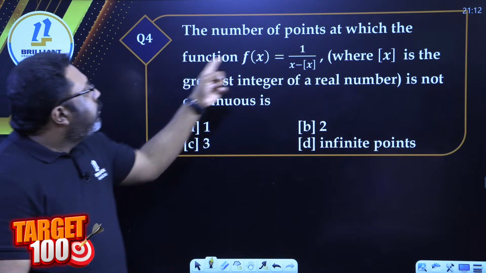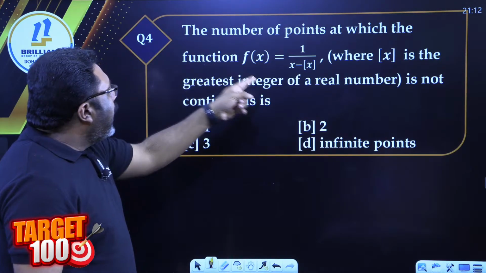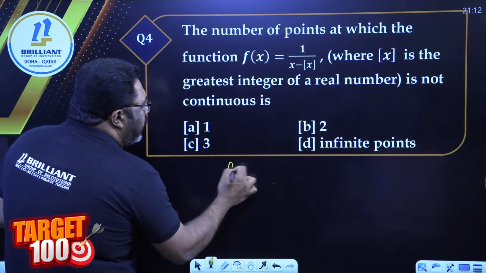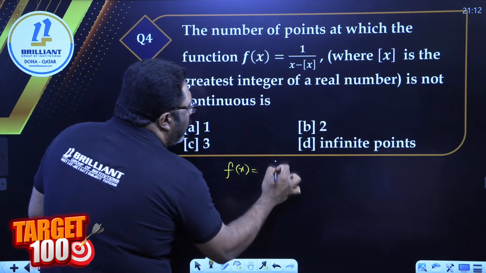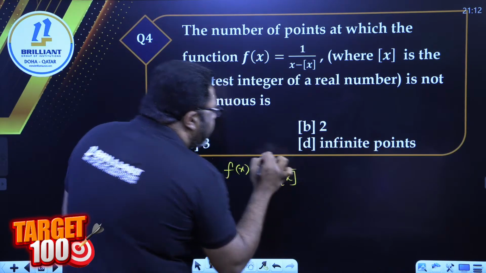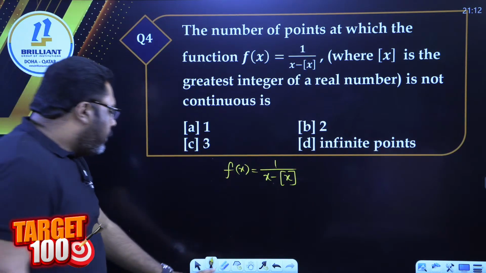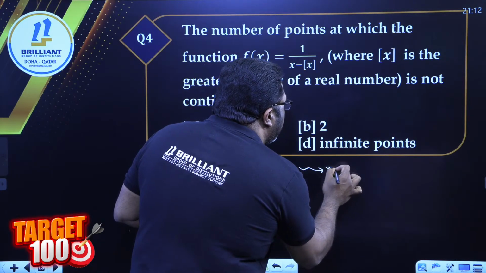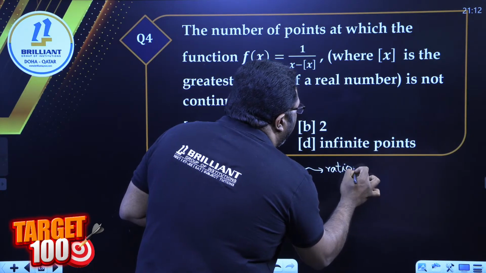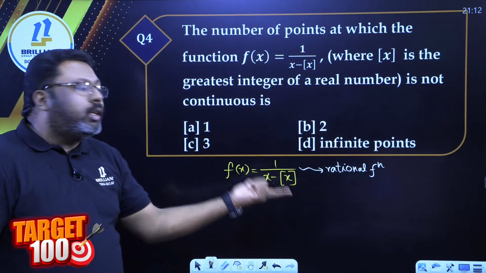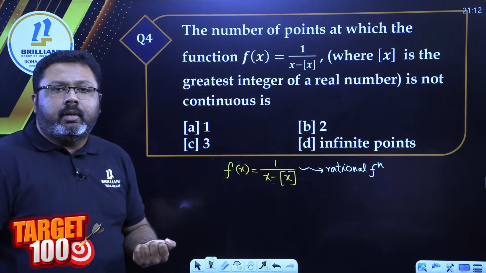Question number 4, which of the following is right about the number of points at which the function f of x is equal to 1 by x minus greatest integer of x? My dear students, understand that this function looks like a rational function in the first place. Now I'm going to teach you about the continuity of a rational function.